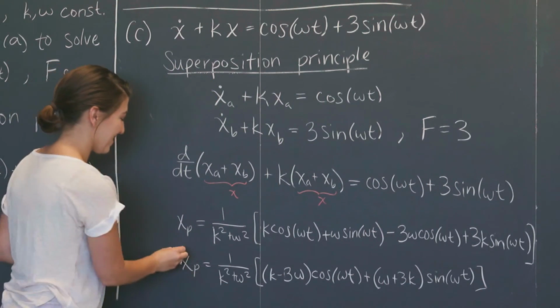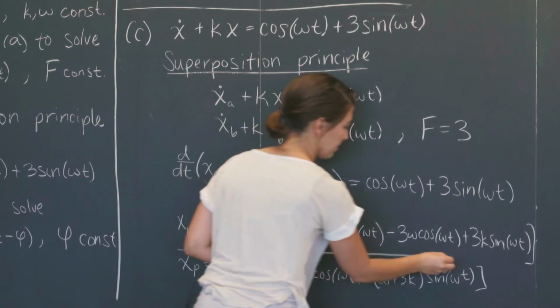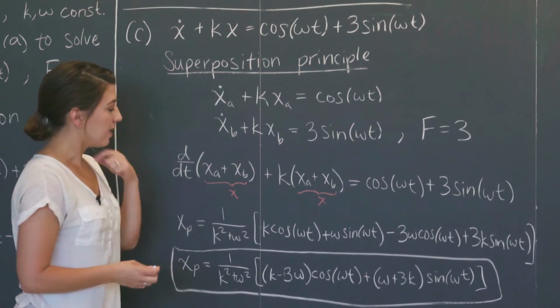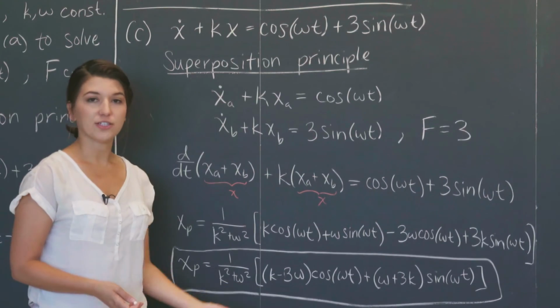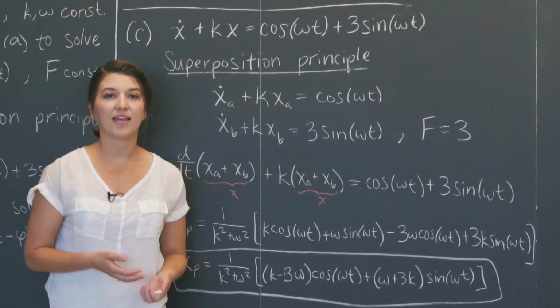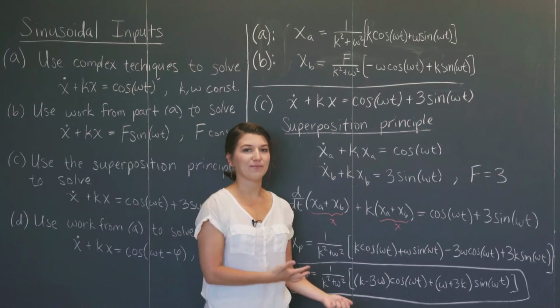Okay, so this is a particular solution to the differential equation in part C. And notice that, again, it's a linear combination of cosines and sines. So now we're going to move on to part D, and I'll let you work on that before I come back and we go through it together.